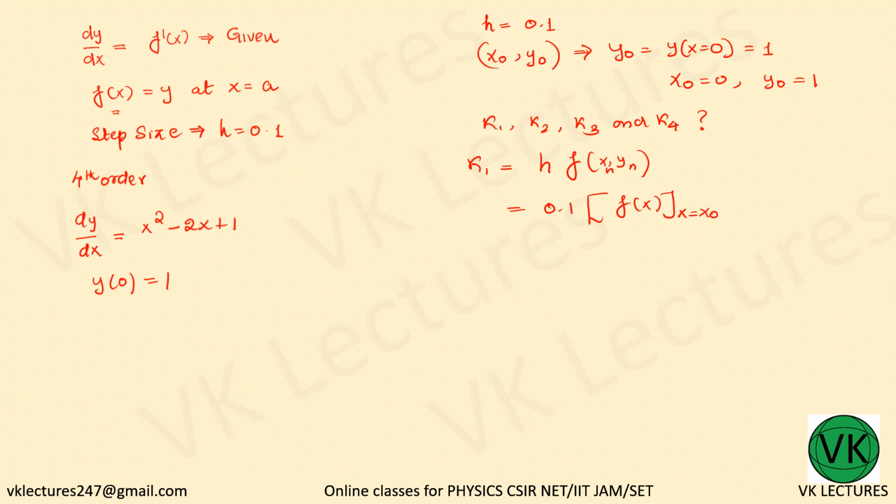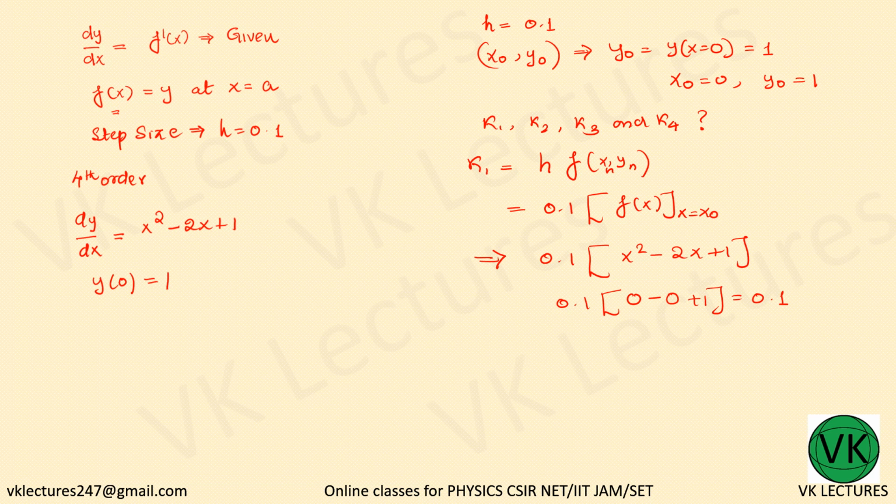The function is x square minus 2x plus 1 at x equal to 0. So 0.1 into, first term becomes 0, minus second term again 0, plus 1. So that's equal to 0.1. That's k1, 0.1.